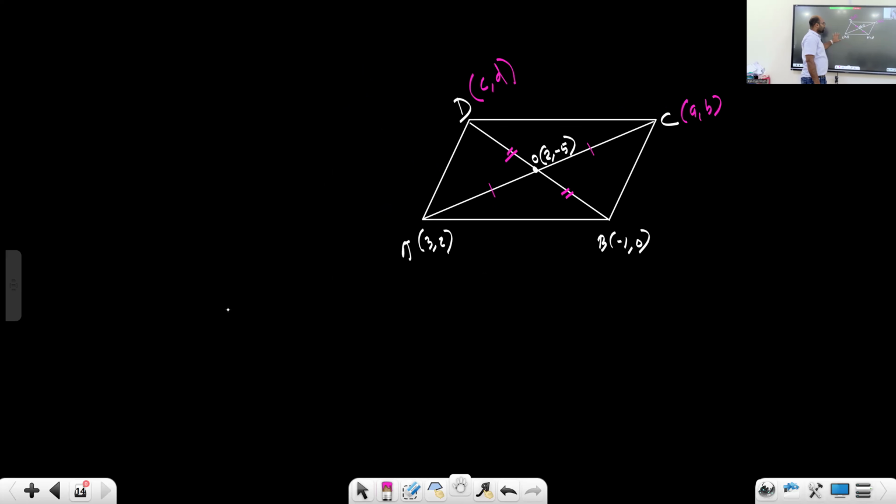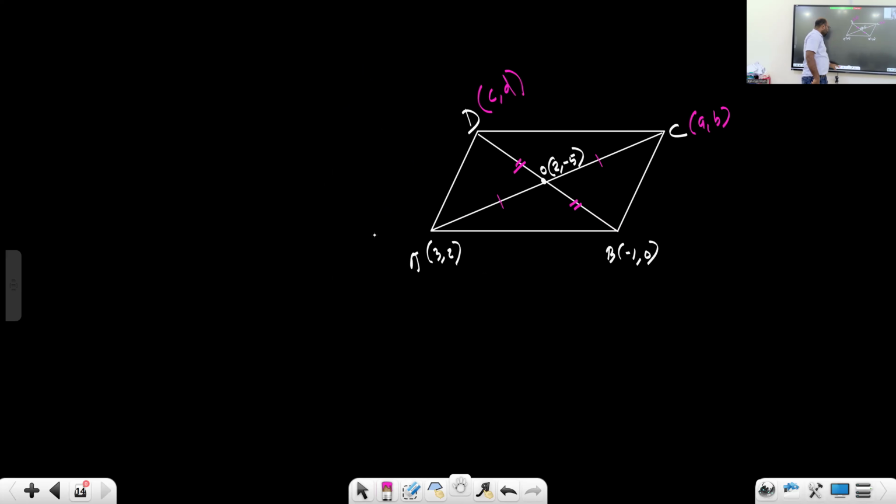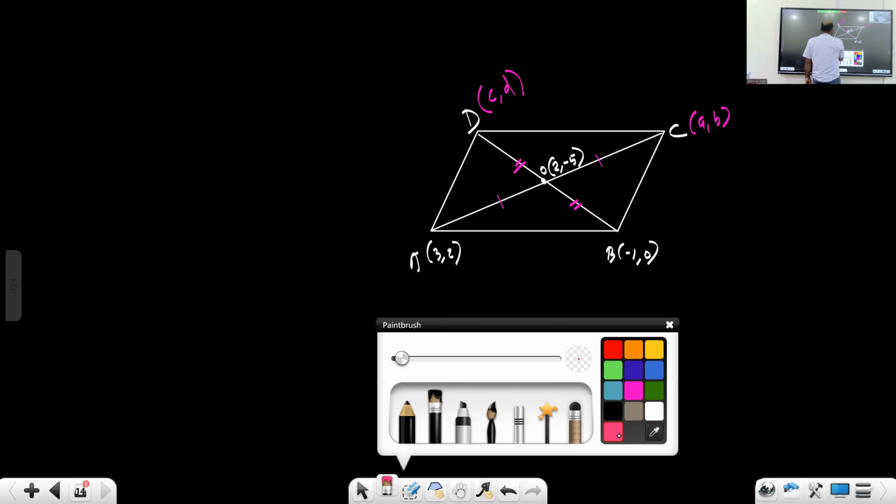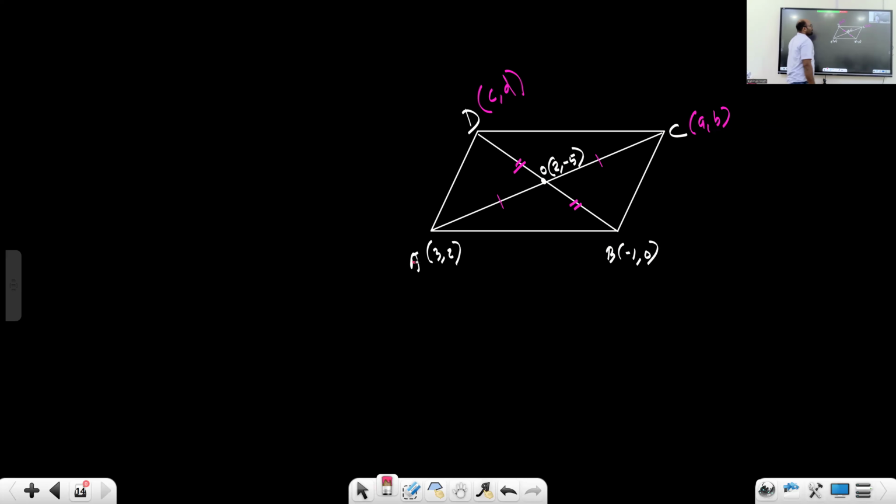That is, O is the midpoint of AC and midpoint of BD.